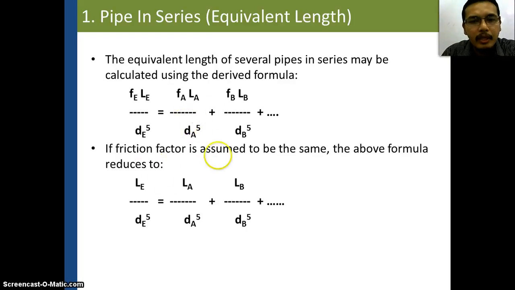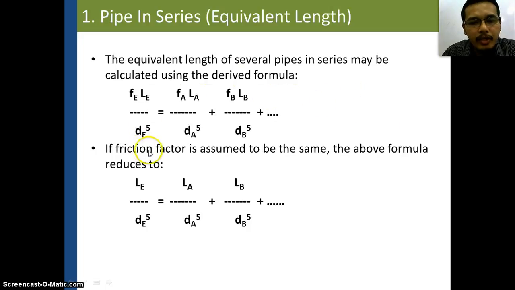Based on the Darcy formula, we derive the formula with f, where e means the equivalent length, the new length of the new pipe, L is a length, D is a diameter, and A and B are pipe A and pipe B. If you have more than two, just sum up with the same formula.